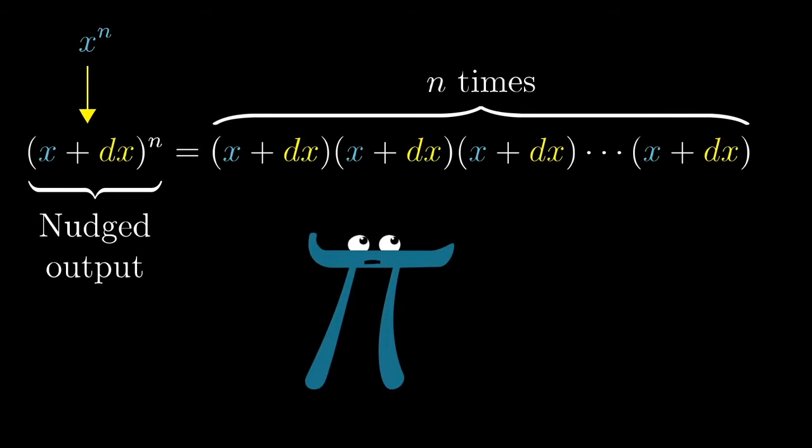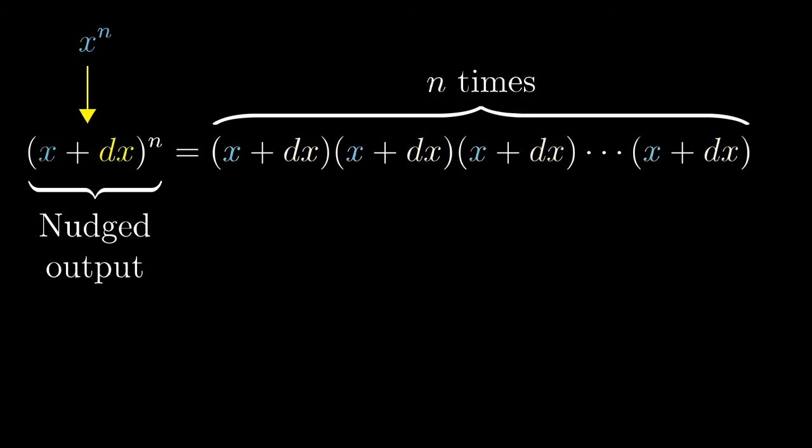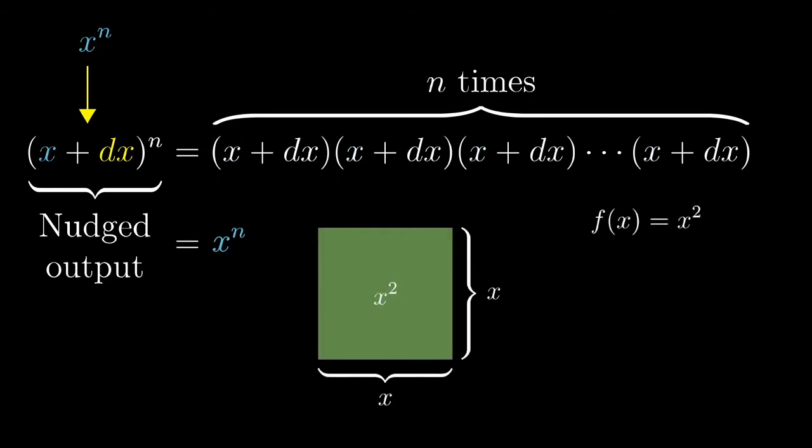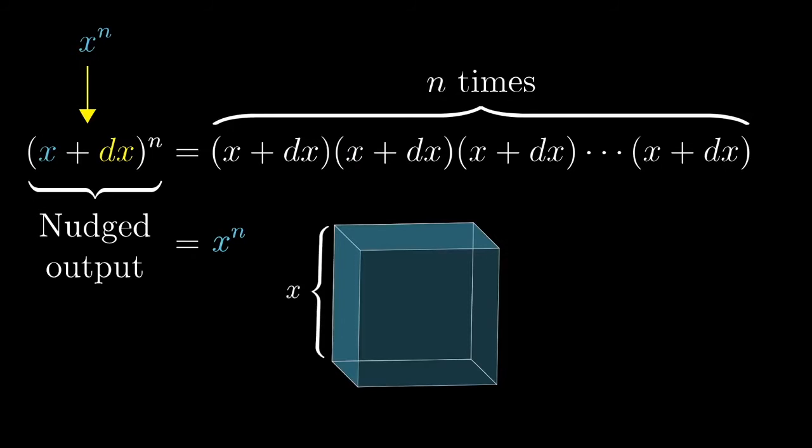The full expansion would be really complicated, but part of the point of derivatives is that most of that complication can be ignored. The first term in your expansion is x to the n. This is analogous to the area of the original square, or the volume of the original cube from our previous examples.